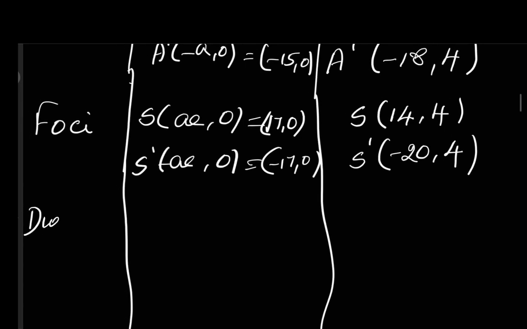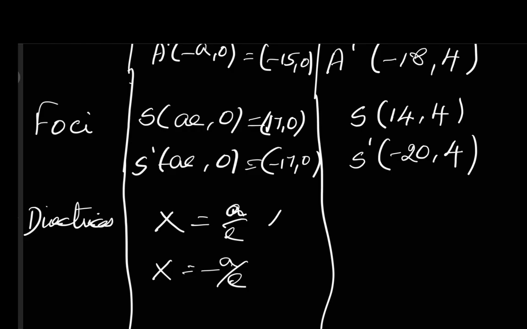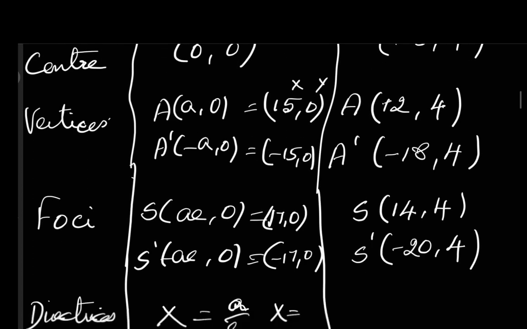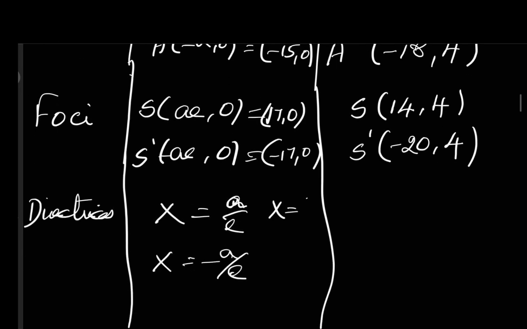Next is directrices. X is a by e and X is minus a by e. What is the a by e value? A by e value is 225 by 17. So X is 225 by 17 and the other is minus 225 by 17.